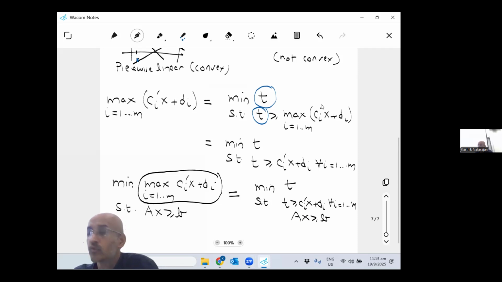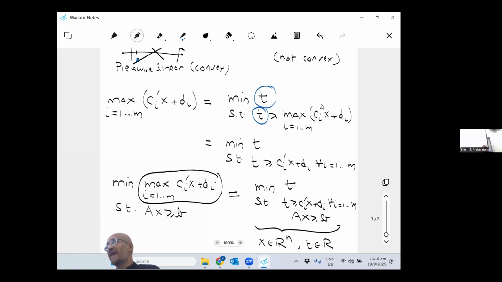This is a formulation which involves, if originally there were x's in Rn, there are Rn variables, and there's a variable t which is in R. So if I had n variables, I have n plus 1 variables now. I'm optimizing over both x and t. If I had originally, let's say, k constraints, now I have k plus m constraints.